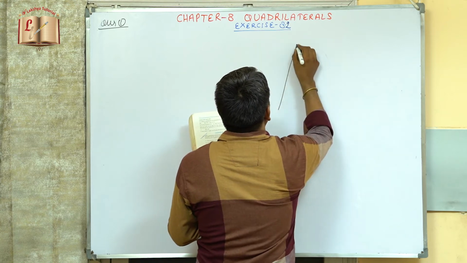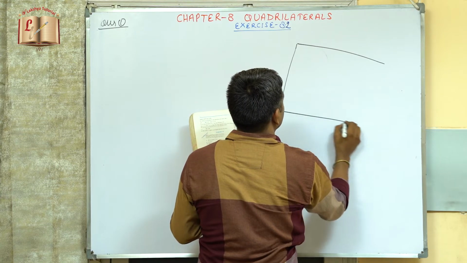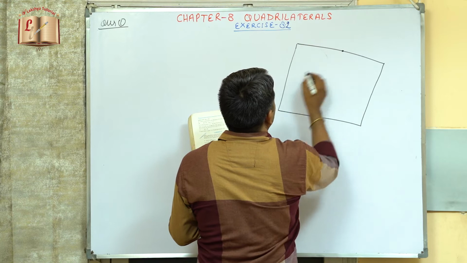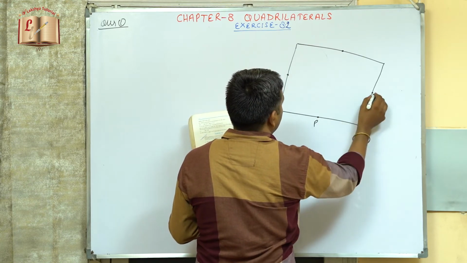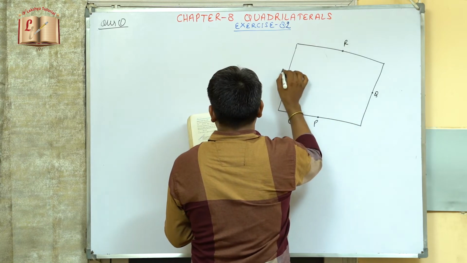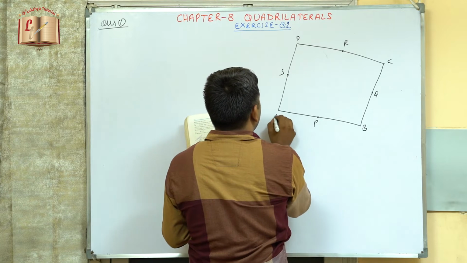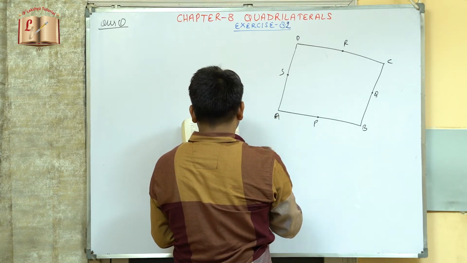So this is a quadrilateral already given to us. These are the midpoints given to us: P, Q, R, S.